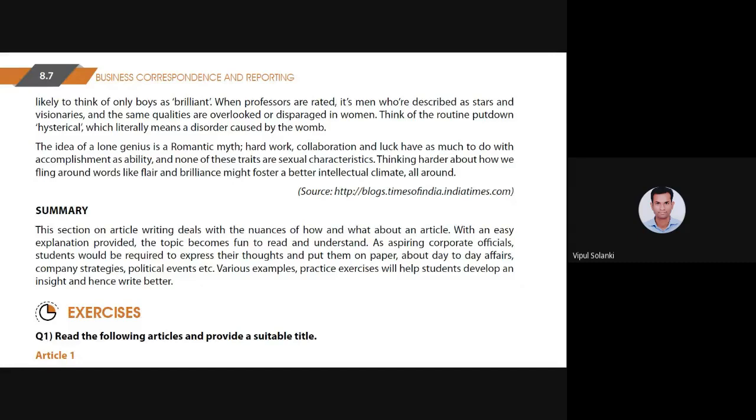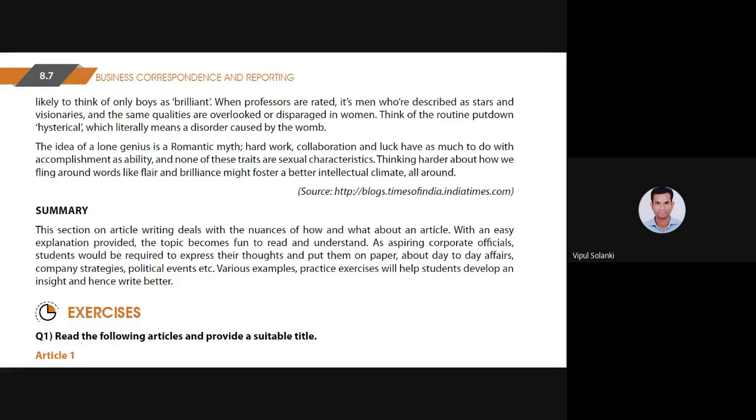As aspiring corporate officials, students should be able to express their thoughts and put them on paper about day-to-day affairs, company strategies, political events, etc. Various examples and practice exercises will help the students to develop insight, and hence they will be able to write better.